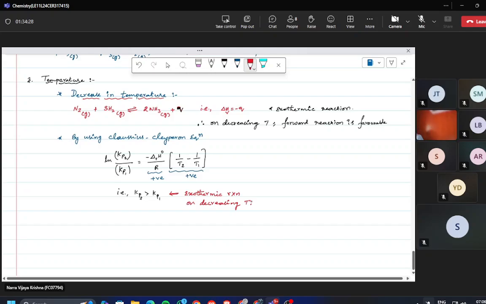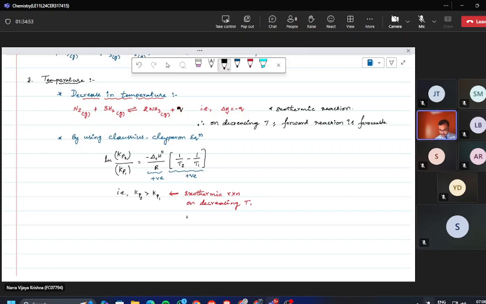Correct. K equilibrium value is increasing. K equilibrium value is increasing means can I write K forward is increasing? And K equilibrium means K forward by K backward. So K equilibrium value is increasing means can I say K forward is increasing or K backward is decreasing? Correct or not?